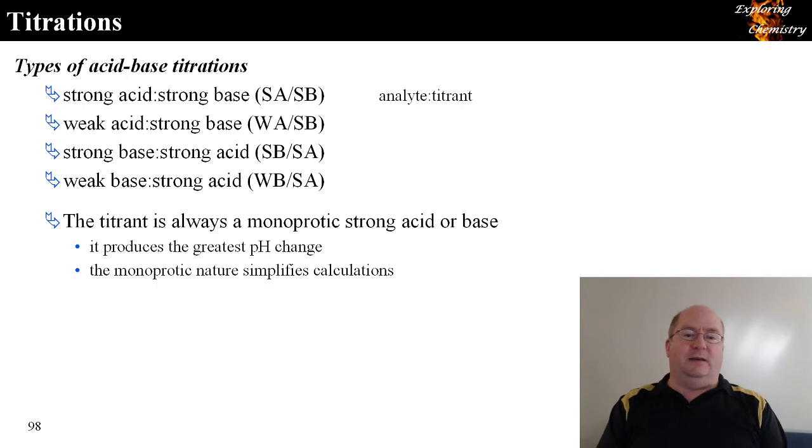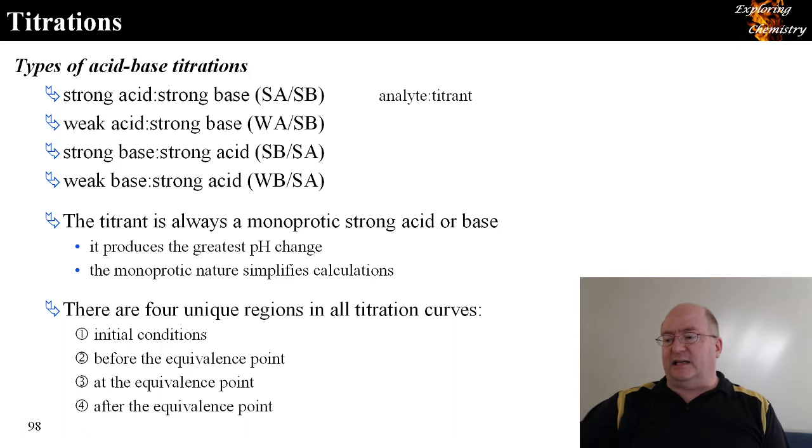We do have the ability to control the titrant, and we pick the titrant to be a monoprotic, strong acid or base as required to titrate the analyte. Why monoprotic? It simplifies the nature of the calculations, and it also introduces the greatest pH change. And we'll see that in the titration curves in a little bit.